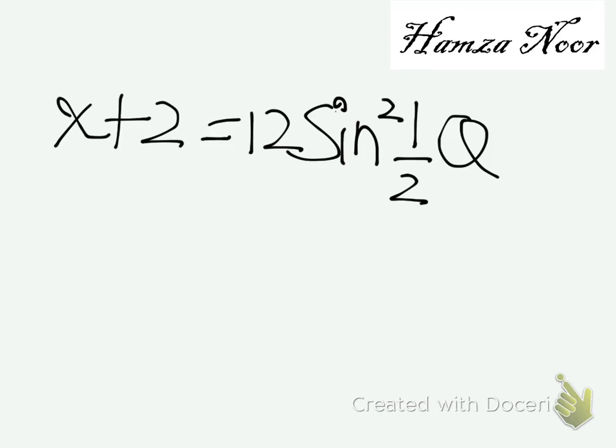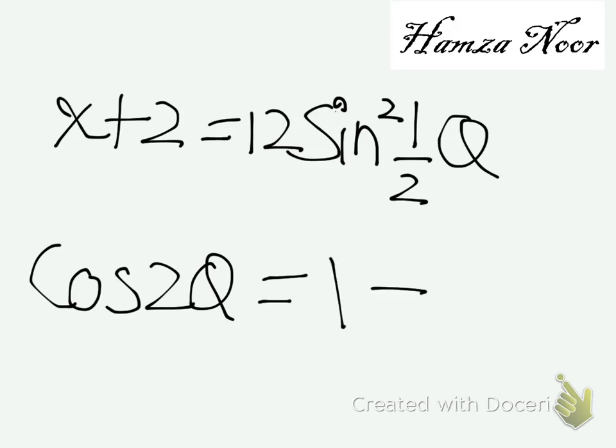Because the question says express x in terms of cos theta. In the P3 formula sheet, you have been given the identity cos 2 theta is equal to 1 minus 2 sine squared theta. Here you have sine squared half theta in the question, but in the identity you have sine squared theta. All you need to do is divide theta by 2.